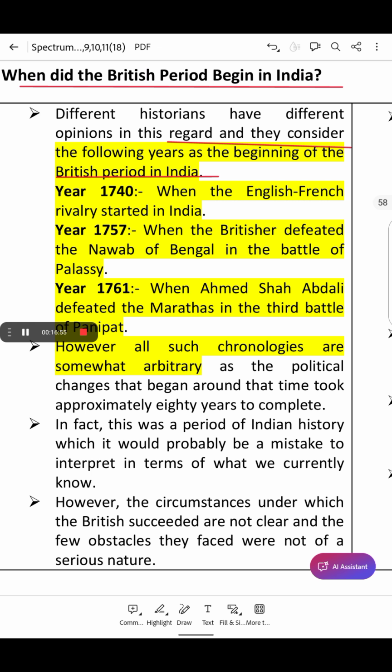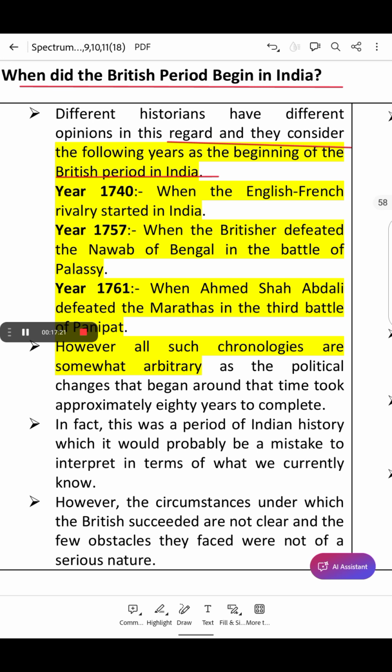Now we have learned that there was the War of Austrian Succession from 1740 to 1748, and next was the Seven Years' War from 1756 to 63. So these were called the Carnatic Wars.